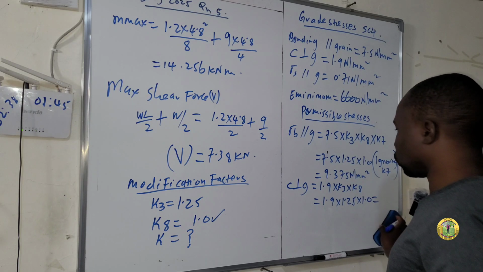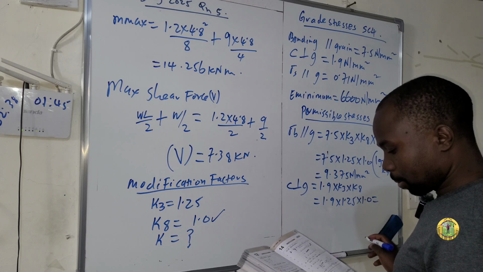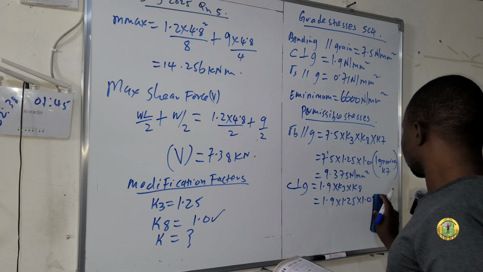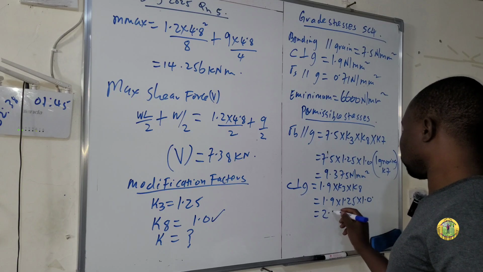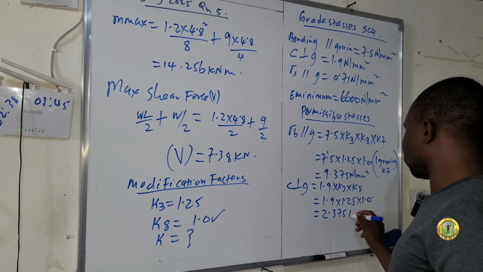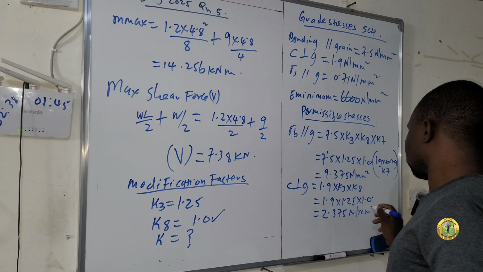So this one is equal to 2.375 Newton per millimeter square.